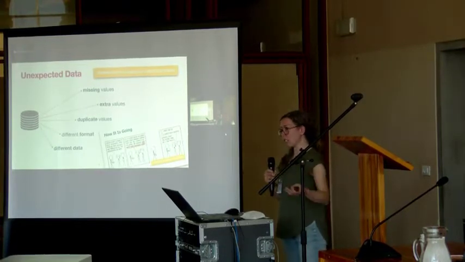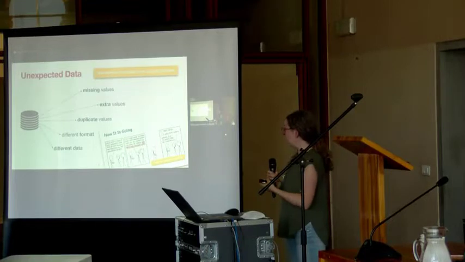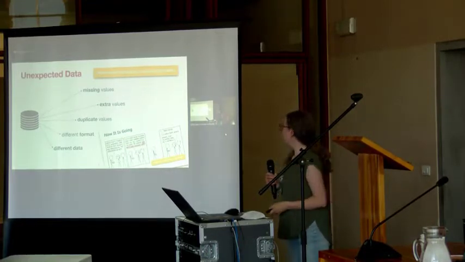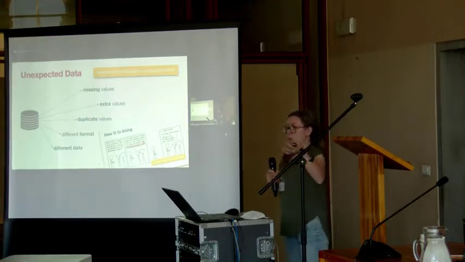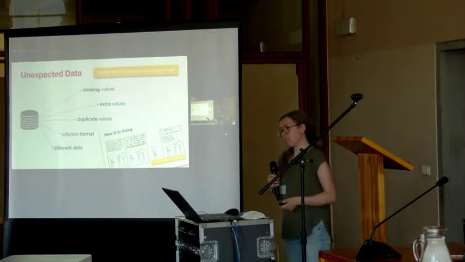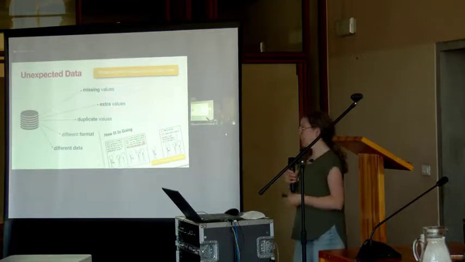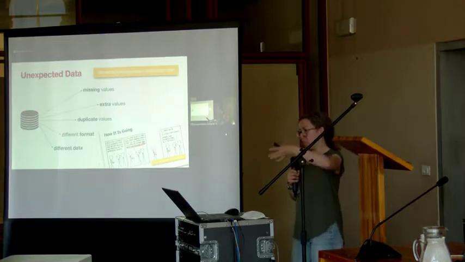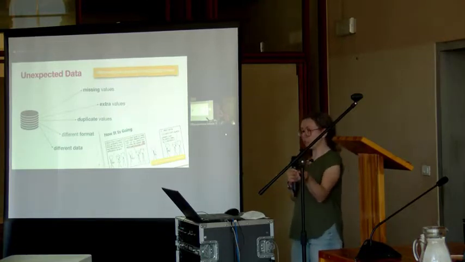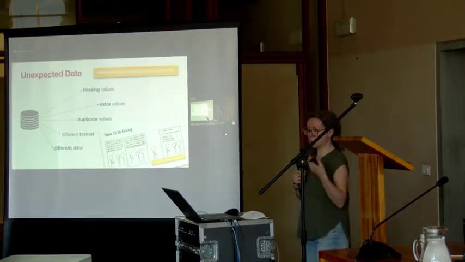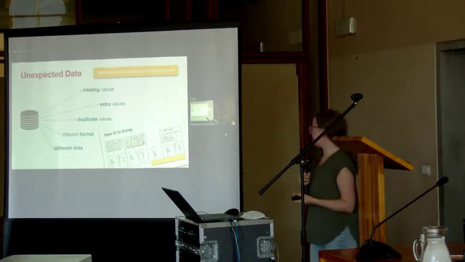So the code is written with some expectations on the data that it's supposed to take, but then something changes at some point. So maybe the source where you get the data from gets updated. So now they send a different kind of data, a different format of the data. They add columns, add fields to the data. They add information. They remove some information that you were using. So now suddenly your code breaks because the expectation that it had on the data doesn't make sense anymore.